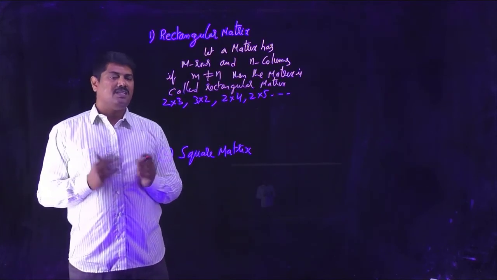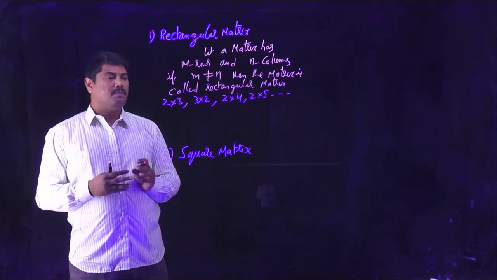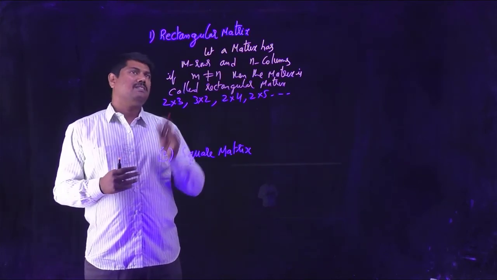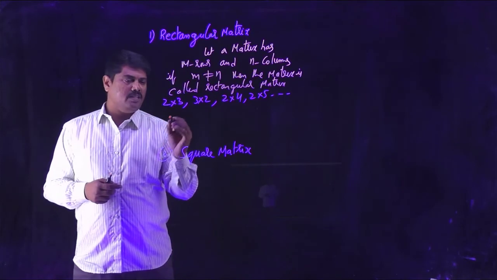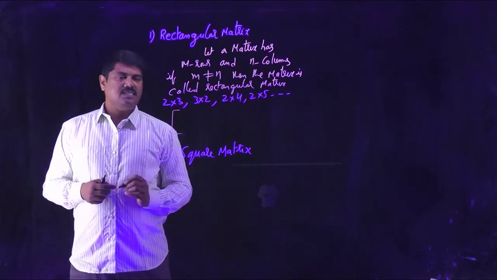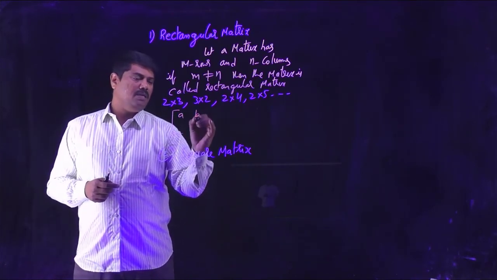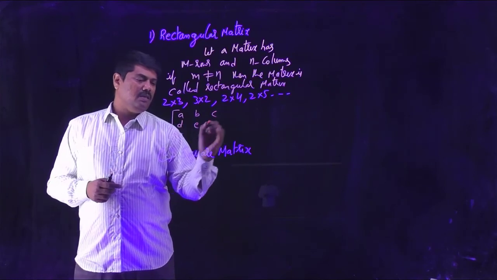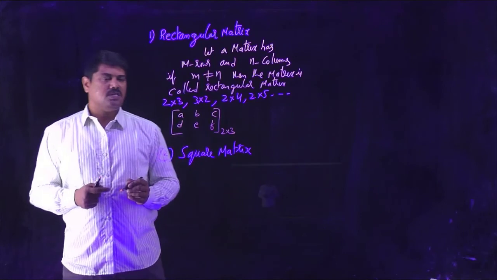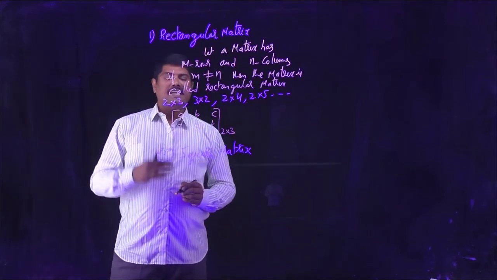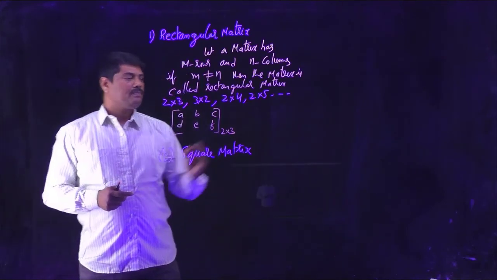A matrix with different numbers of rows and columns is said to be a rectangular matrix. Let me write one example of a 2 by 3 matrix: A, B, C, D, E, F. This is of order 2 by 3. It has 2 rows and 3 columns, so you can treat it as a rectangular matrix.